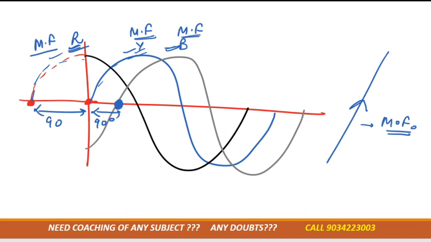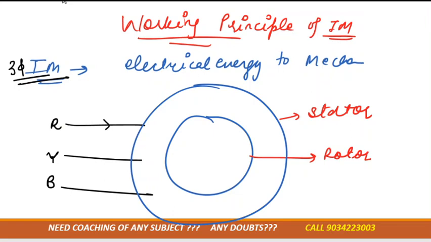Clear up to here? So similarly in this case, first the current is flowing in R, suppose the magnetic field is generated here at this place. Now the current is flowing in Y, suppose the magnetic field is generated for Y at this place. Okay, now the current is flowing in B, suppose the magnetic field is generated at B near to this. Okay, so it seems like the magnetic field is rotating.